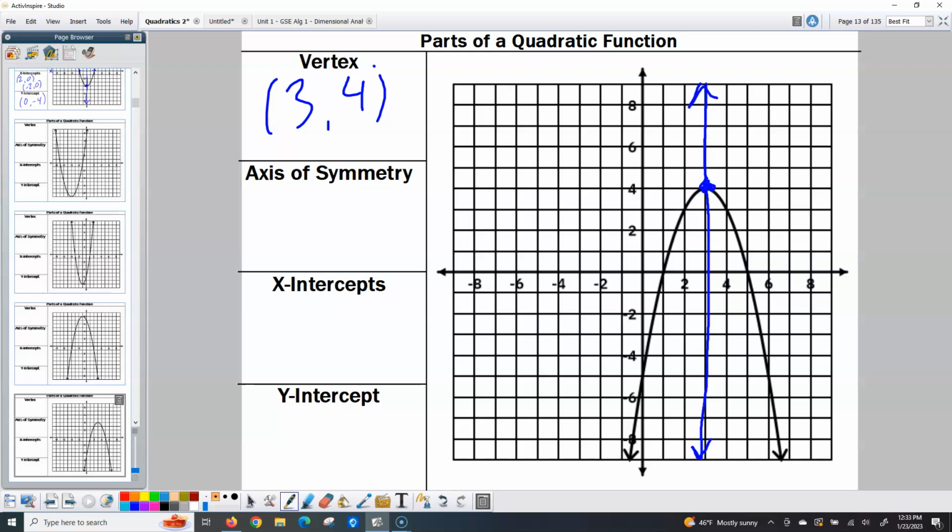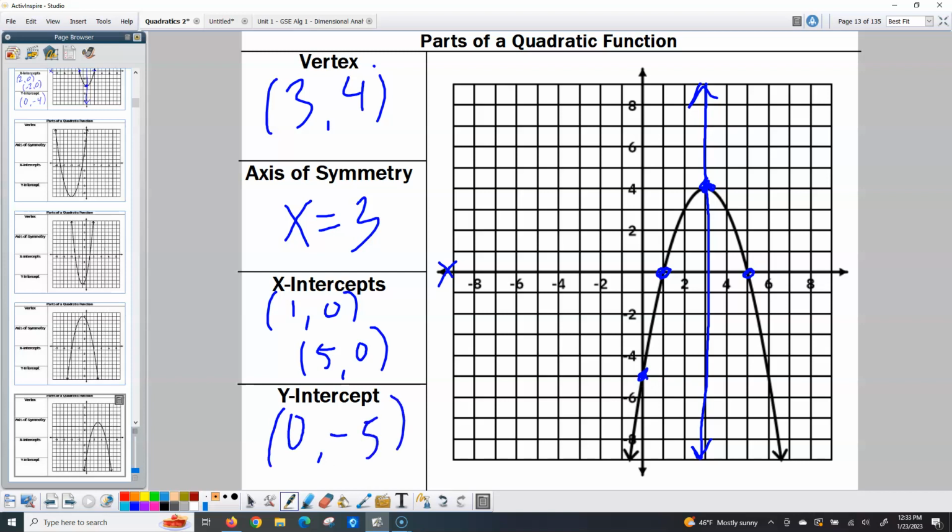That axis of symmetry would be x equals 3. The x-intercepts, where it crosses the x-axis right here and right here, are at (1, 0) and (5, 0). And the y-intercept is where it crosses the y-axis right there, and that would be (0, -5).